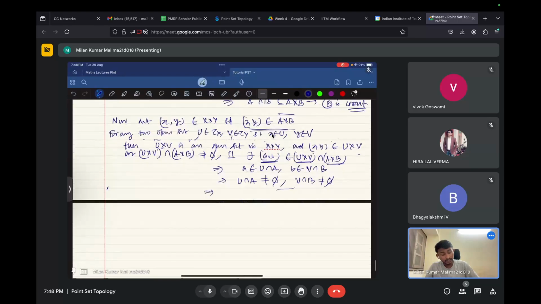That means X is in A closure, Y is in B closure. That means (X, Y) is sitting inside A closure cross B closure. That proves that A cross B is a subset of A closure cross B closure. That implies option D, C is correct, and that implies A is correct.